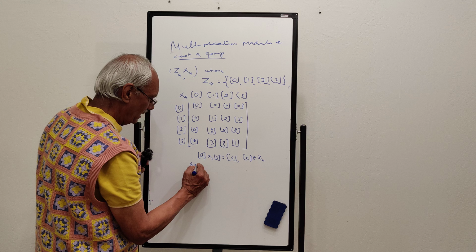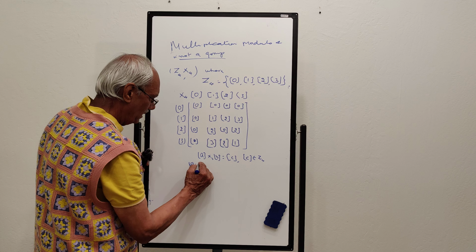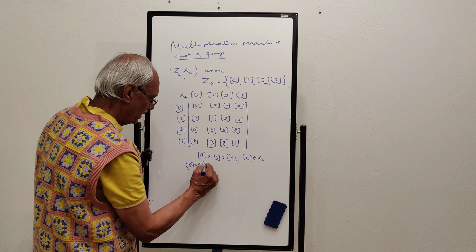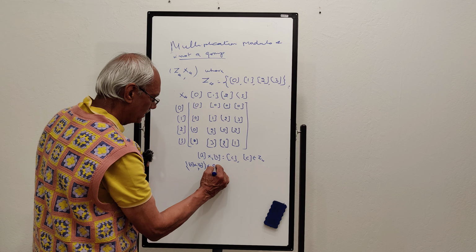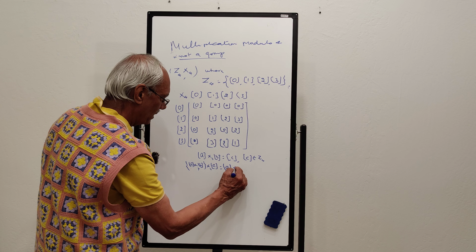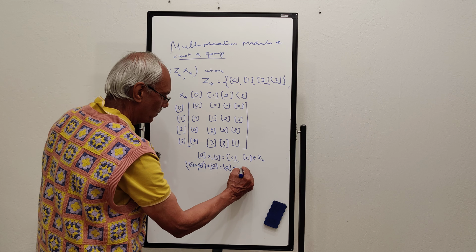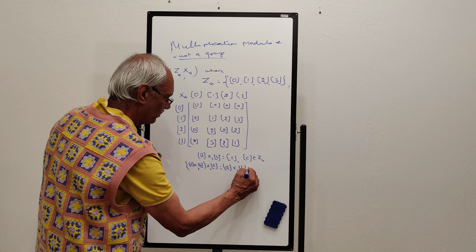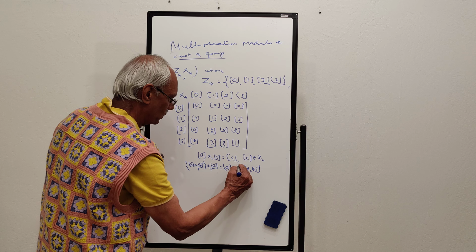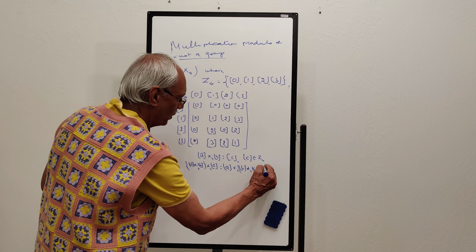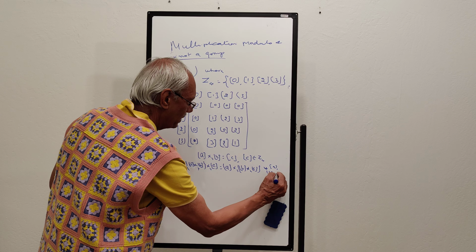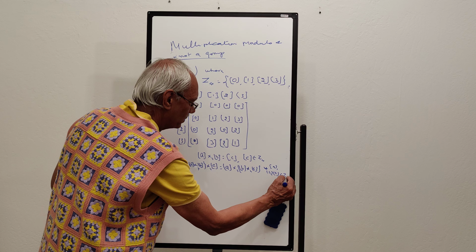And A into (B into C) will be equal to (A into B) into C, multiplication modulo 4. This is also true for all A, B, C belonging to Z4.